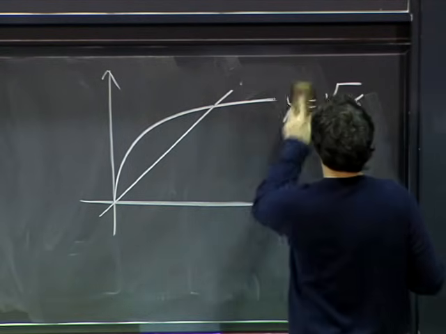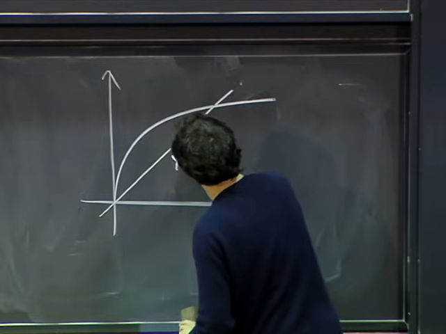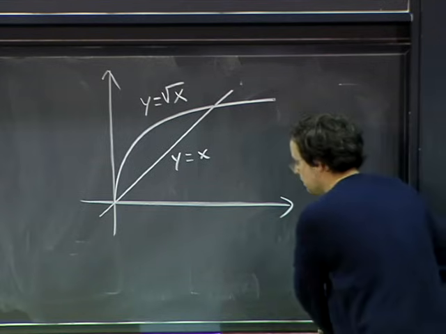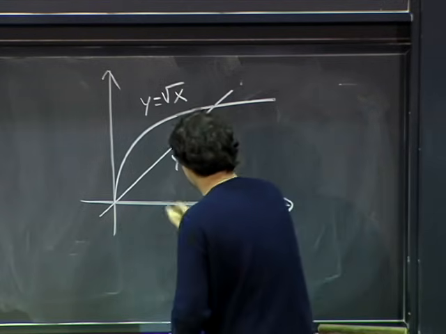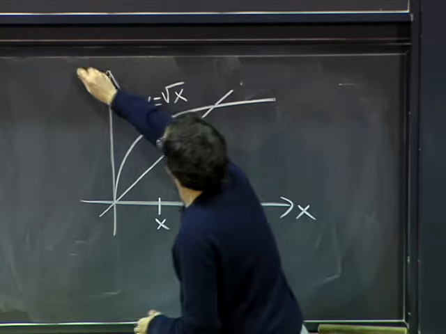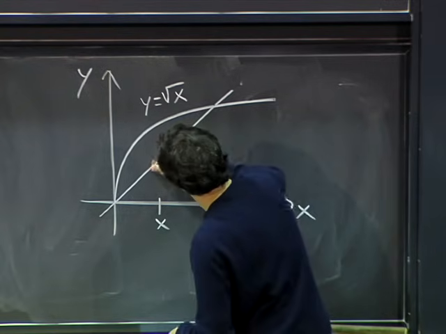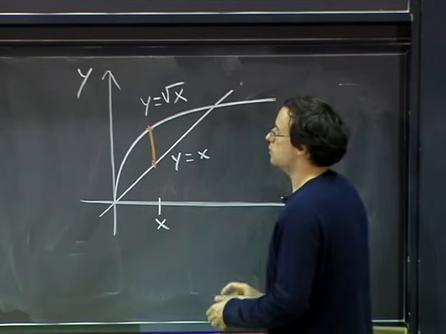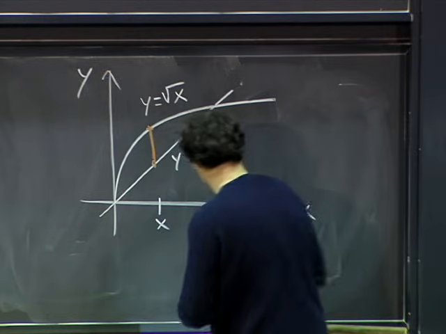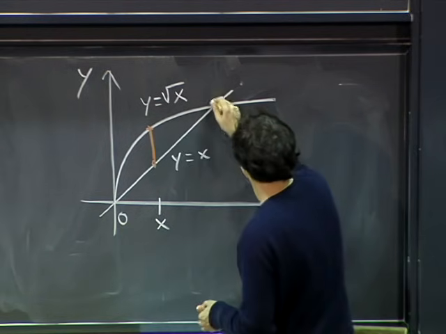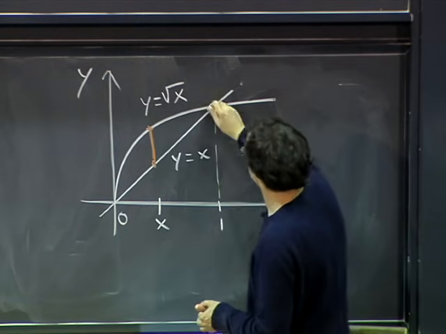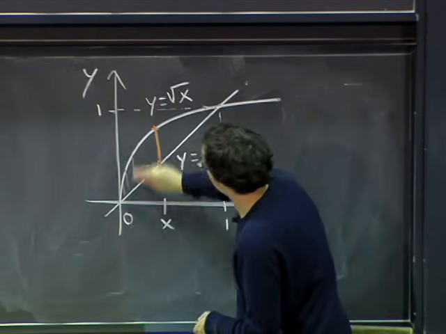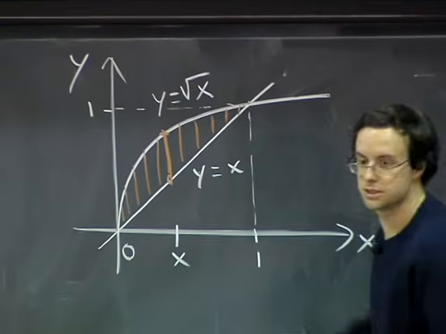For each value of x, I will go from y equals x to y equals square root of x, and I will do that for values of x from 0 to 1, which happens to be exactly where these curves intersect. So my region will consist of all this.